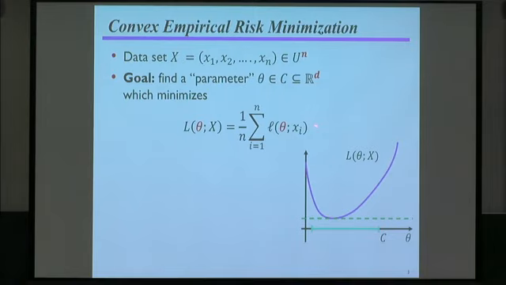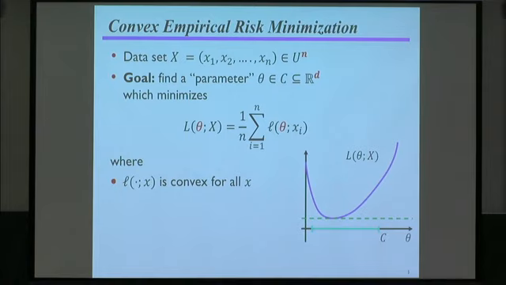We're going to look at loss functions that are decomposable, meaning that they can be written as a sum of terms, where each term depends on only one data point. So a loss function is decomposable if it can be written in this form: the average of a bunch of terms like this. Where convexity comes in is that we're going to assume that, as a function of this parameter, these terms are all convex.